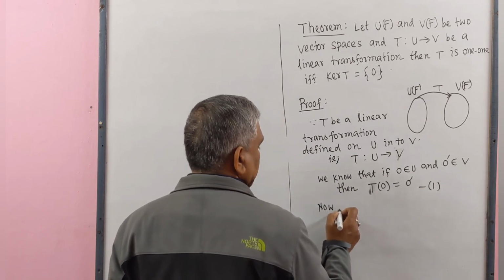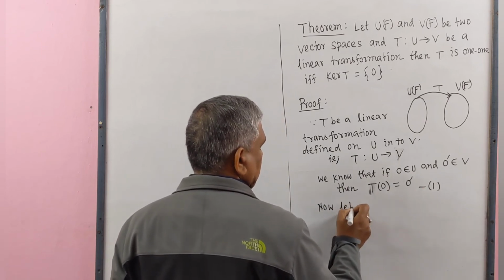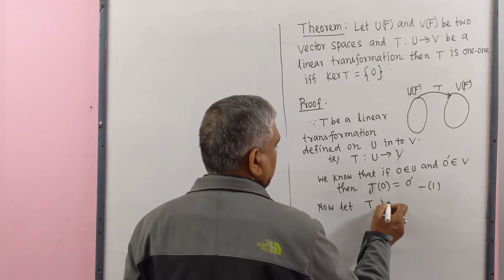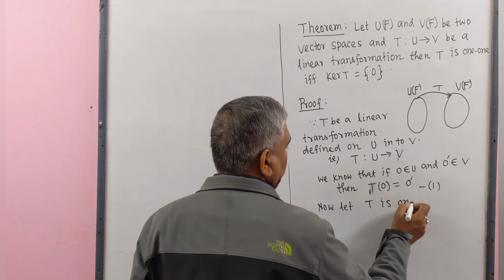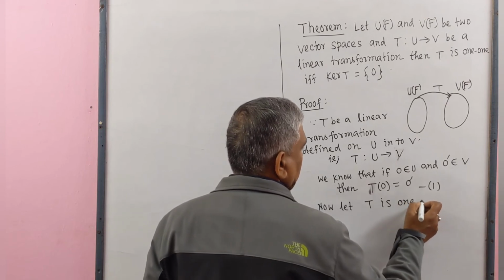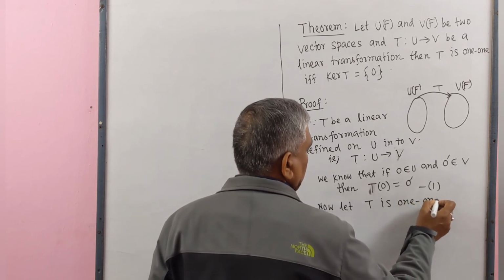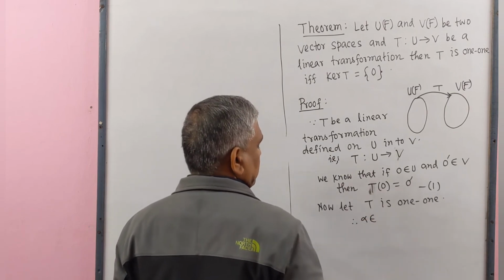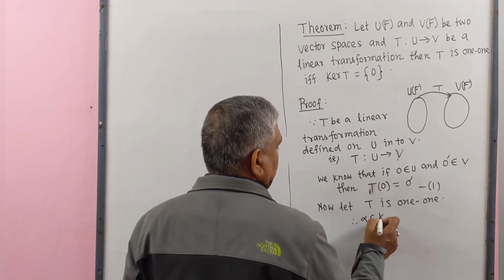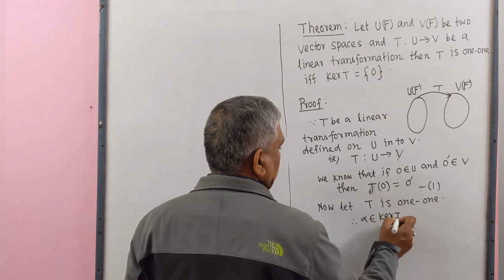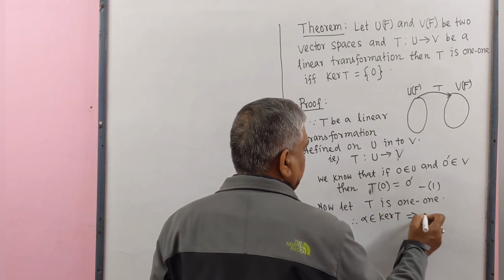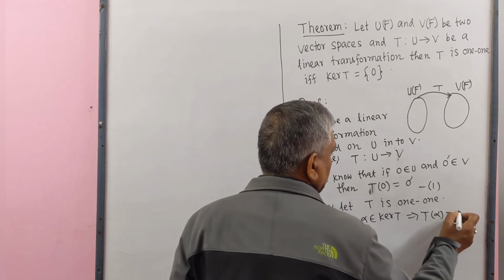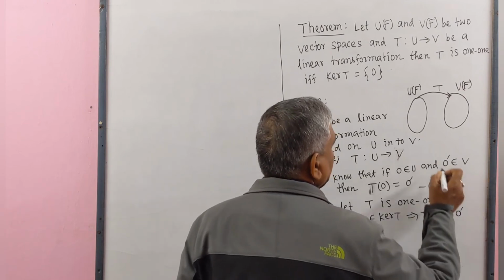Now let T be one-one. Alpha belongs to ker T implies that T alpha equals 0 prime.